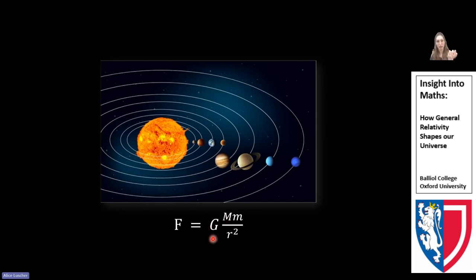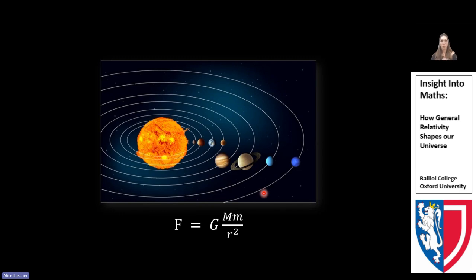And so now if you just set one of the masses to be the mass of the Earth and the distance to be the radius of the Earth, you reobtain the formula from the previous slide as a special case of the gravitational force on Earth. But with this general law, you're actually able to describe the movements of basically everything in our universe.